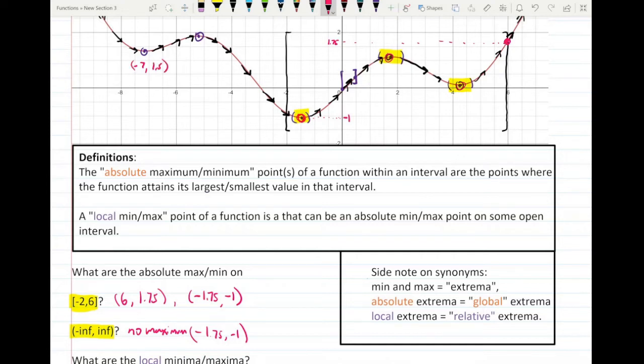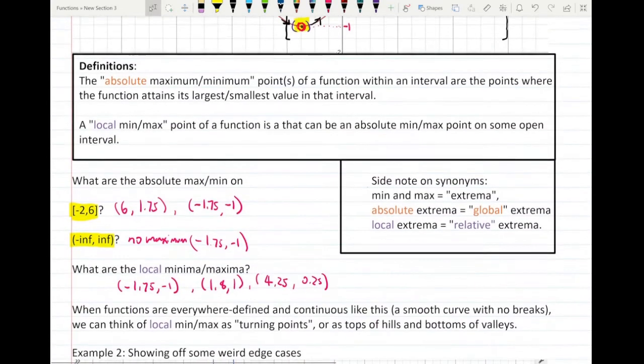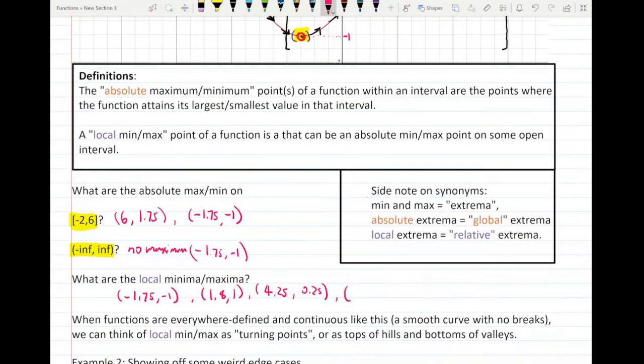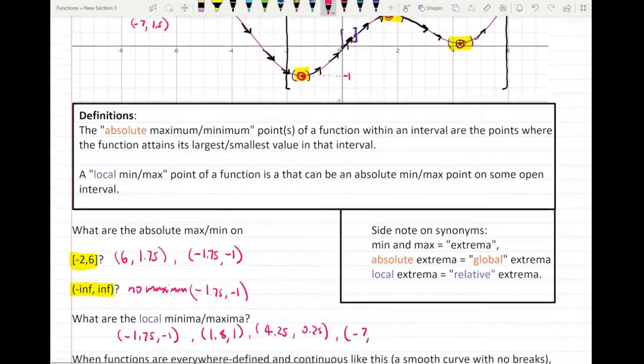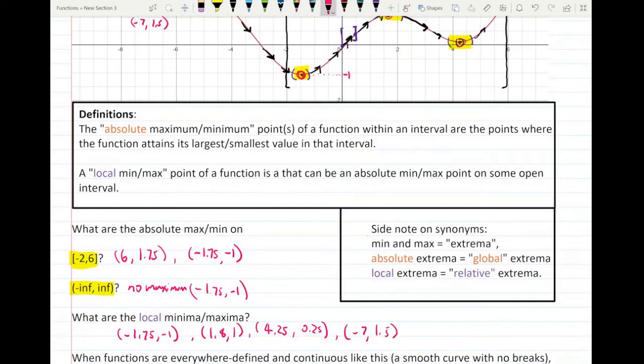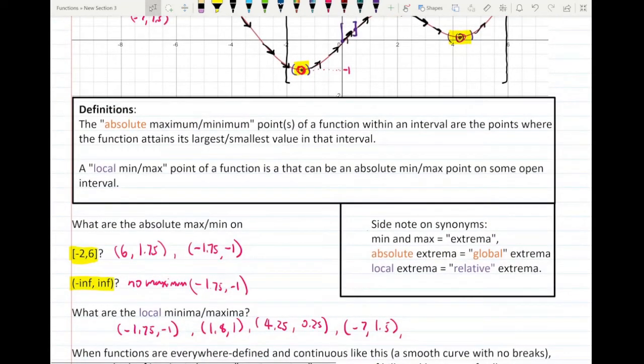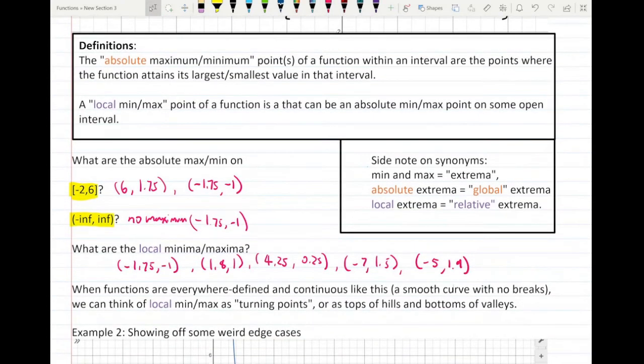And there's one here at a horizontal distance of just about minus 5 and a height of maybe 1.9. So to our local minima, we're going to add minus 7, 1.5, and minus 5, 1.9.